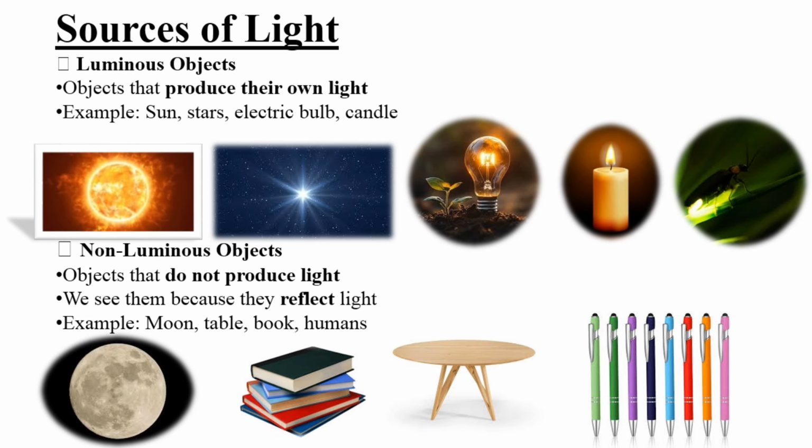It looks bright in the night sky, but it does not make its own light. It just reflects the sun's light. Other examples are a table, a book, or even us humans. So, to sum up, luminous objects glow by themselves, and non-luminous objects need light from elsewhere to be seen.